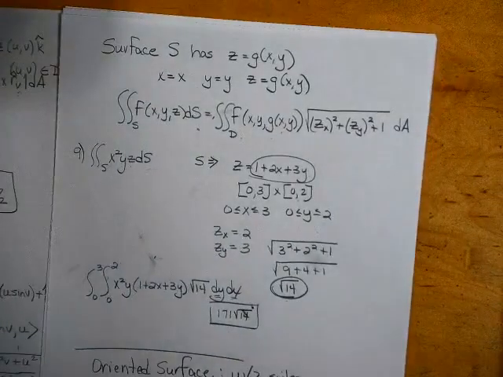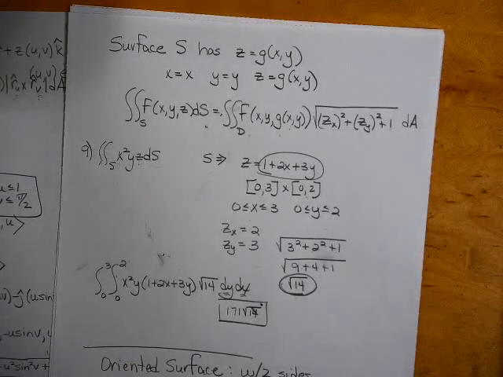Okay, so if you have an oriented surface, we also need a closed surface. A closed surface is like a sphere, okay, all the way around.